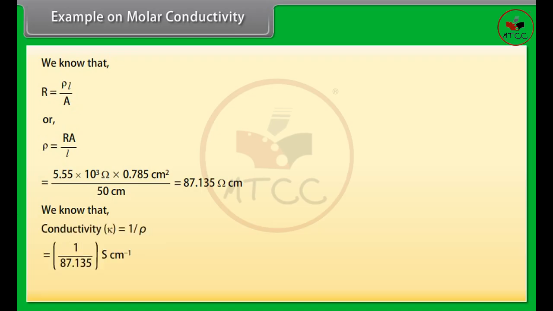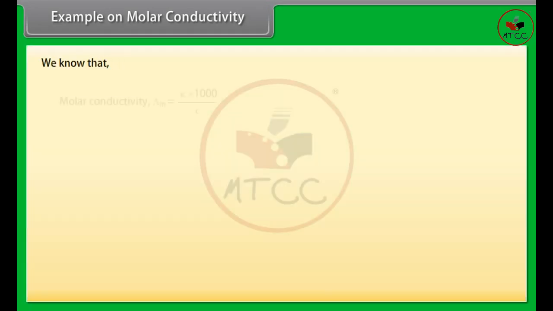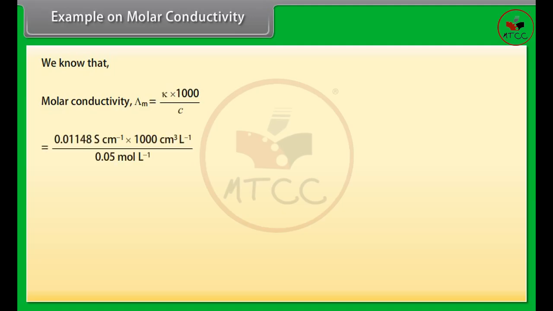By putting the values, we get conductivity is equal to 0.01148 Siemens centimeter inverse. We know that molar conductivity is equal to kappa multiplied by 1000 divided by C. By putting the values, we get molar conductivity is equal to 229.6 Siemens centimeter square mole inverse.